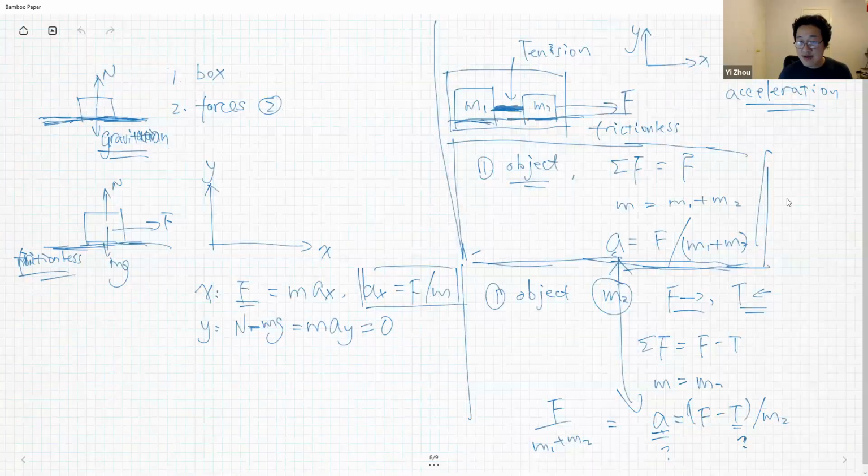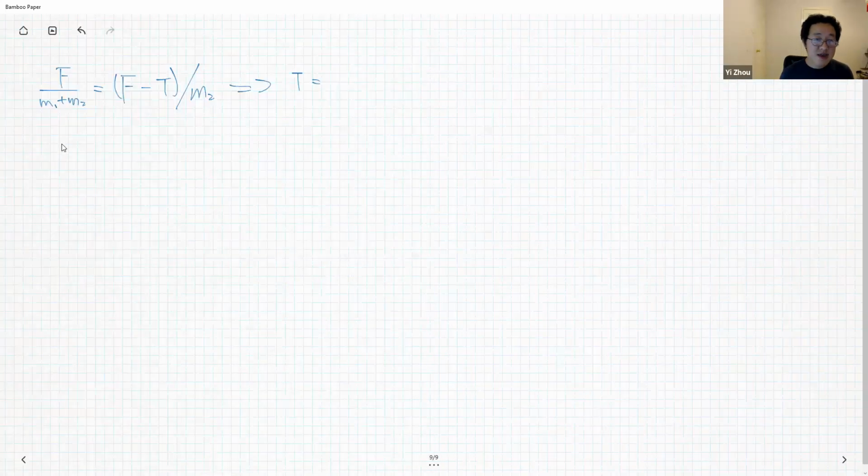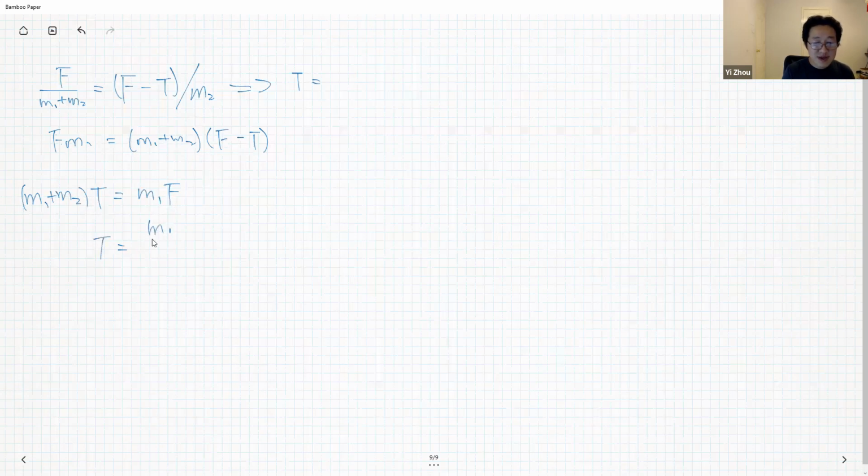So we got M2 F equals M1 plus M2 times F minus T, right? So we move this to the right, we got M1 F. We move this to the left, we got M1 plus M2 times T. So we can get T equals M1 F divided by M1 plus M2.